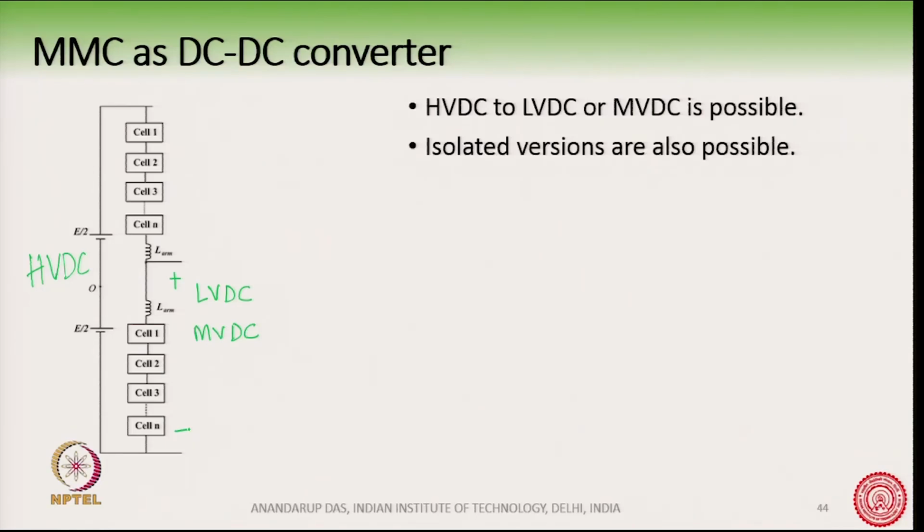So, isolated versions are also possible. Isolated versions means, suppose you have this HVDC and then you have a large number of cells, and there is an arm inductor and then a number of cells like this, and you can have a high frequency transformer here.